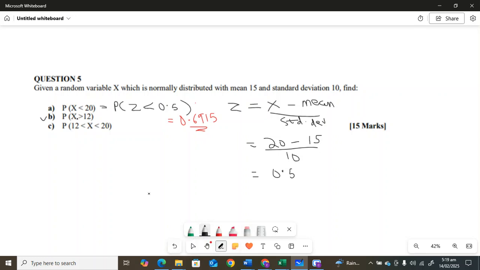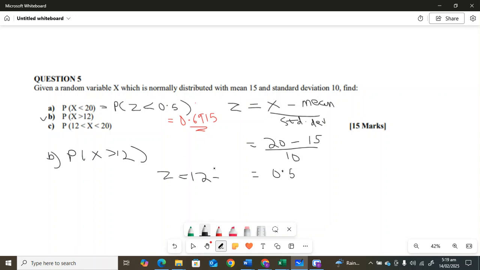P(X greater than 12). So first things first, we need to standardize. So colleagues, let's standardize using the formula and see what values we get. X minus the mean divided by the standard deviation.